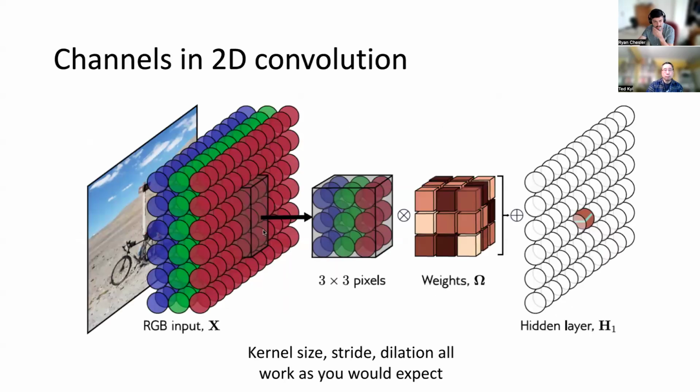So this is what it looks like in practice when you have an RGB image. This is what Ted was talking about earlier. Pretty much all of our images will start as 3 channels: you have your red, green, blue. And so the 3 by 3 that we saw will most likely actually be a 3 by 3 by 3, because you also have the additional dimension for the channels, because it has to look at all of these together.